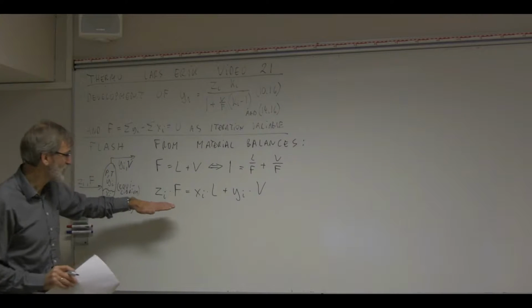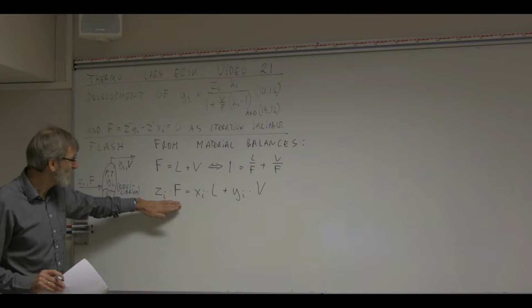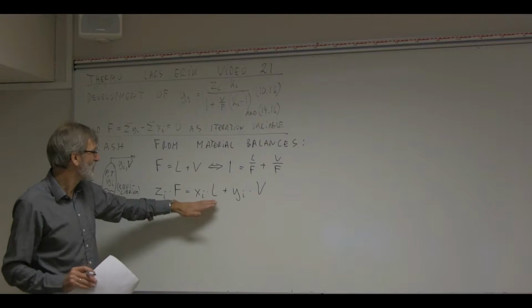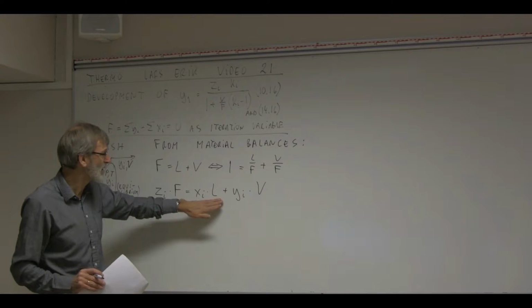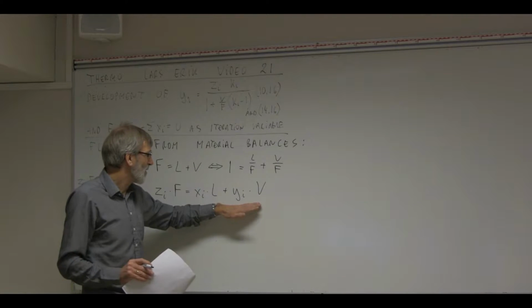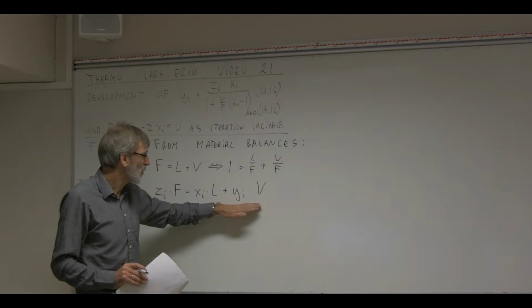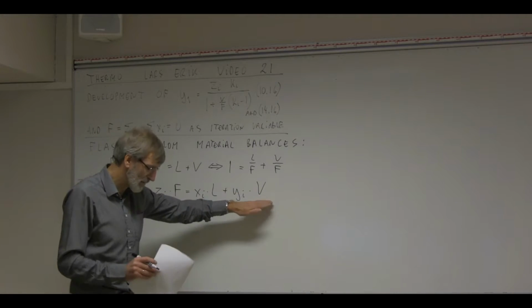This equation states that the amount of component i in the feed equals the fraction of component i in the liquid times the liquid flow plus the fraction of the vapor of component i times the amount in the vapor flow.